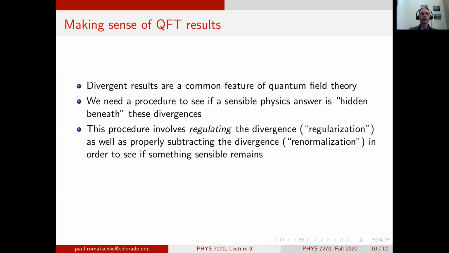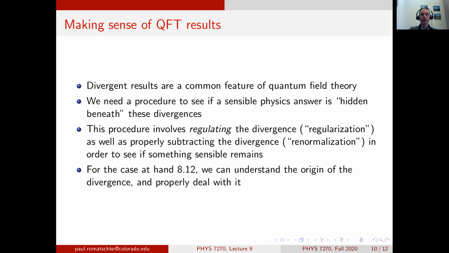Once we have that, we can try to subtract the divergence and see whether something finite and interesting remains once we have subtracted this infinite quantity. The process of subtracting the divergence is called renormalization, because basically we normalize the result by subtracting something we know.